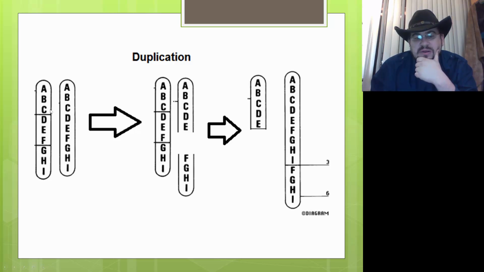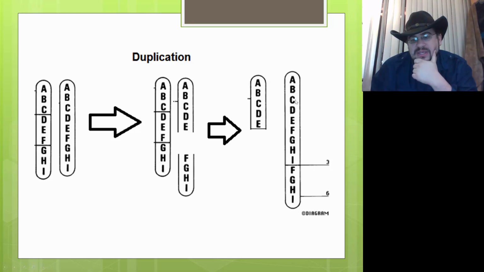Here we have two identical sister chromatids and the bottom portion gets cut off. Excised, there's a deletion of FGHI from this second chromosome. And here's that poor second chromosome. And instead, FGHI ends up reattaching completely.